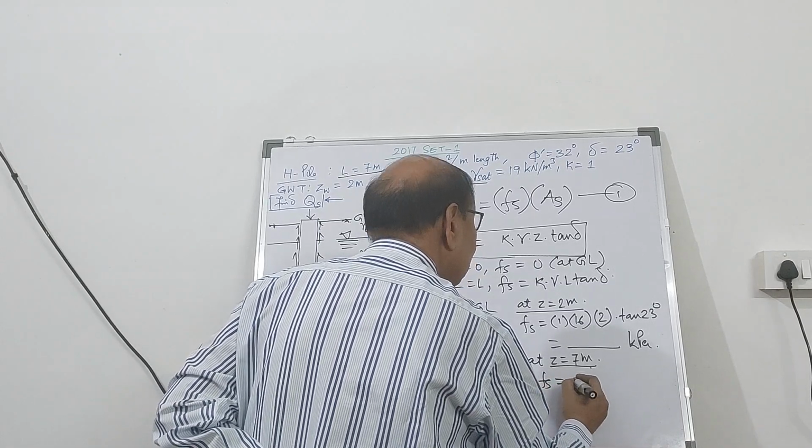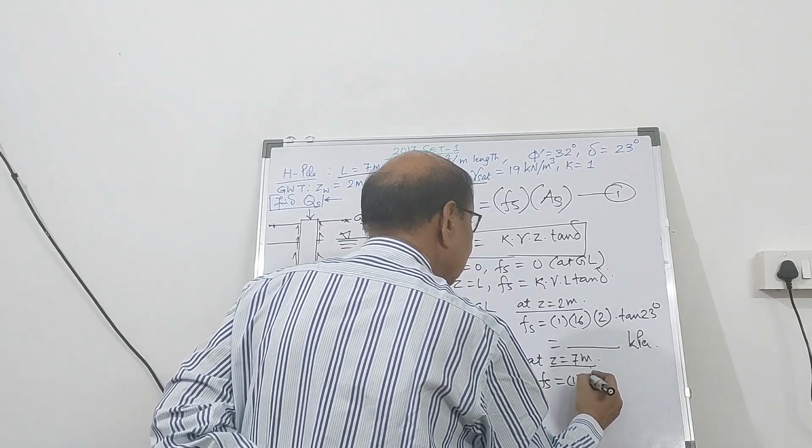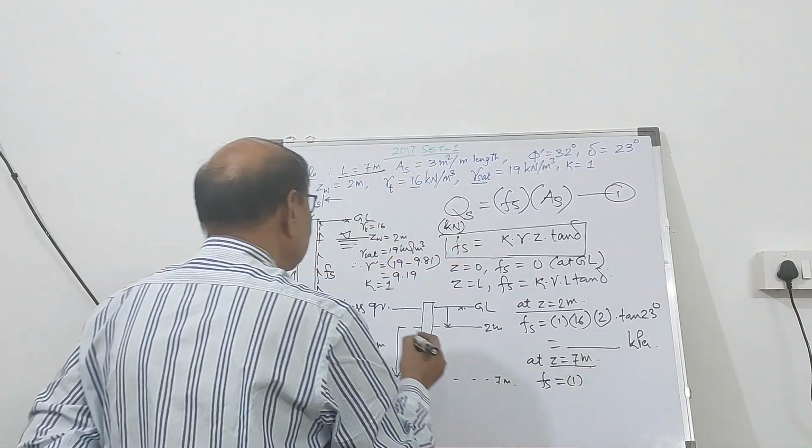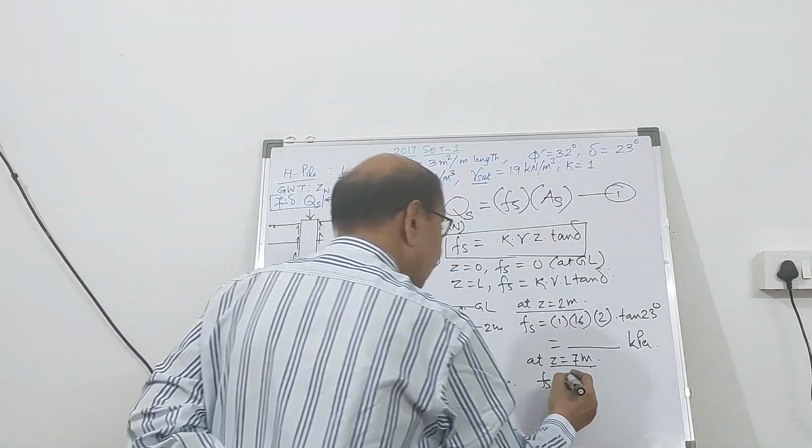Fs equal to K, that is 1. Now gamma prime is 9.19.